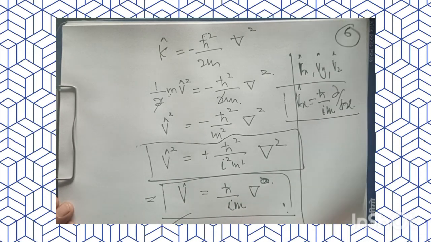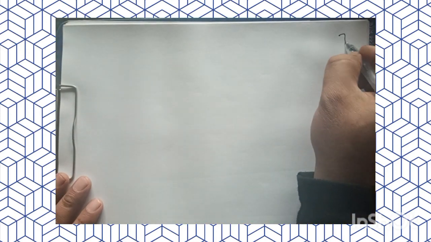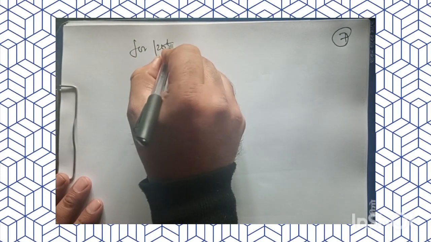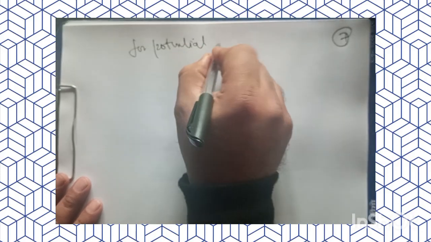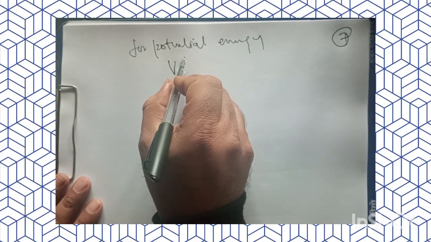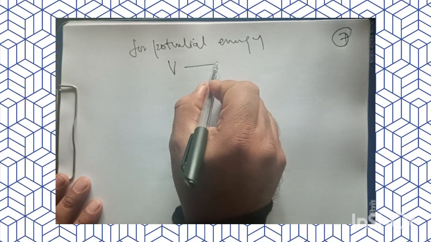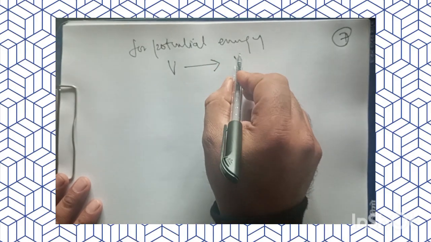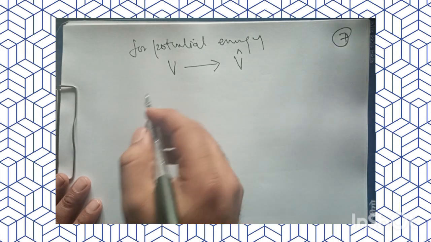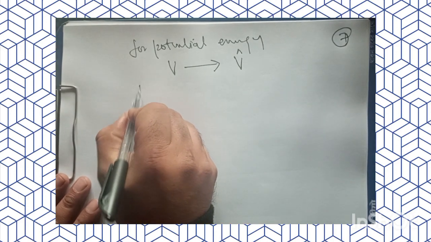And if we move on, similarly for potential energy, we must have an operator. For potential energy, we have a corresponding operator. So I have a physical quantity V, and its corresponding operator can be written as V cap, and we can have an operator for position.